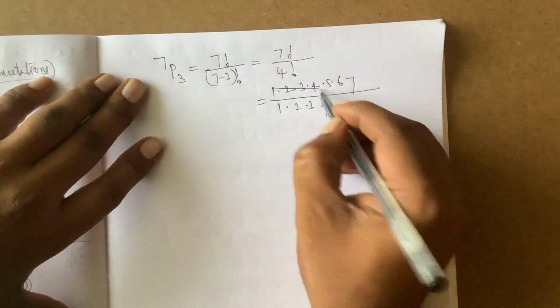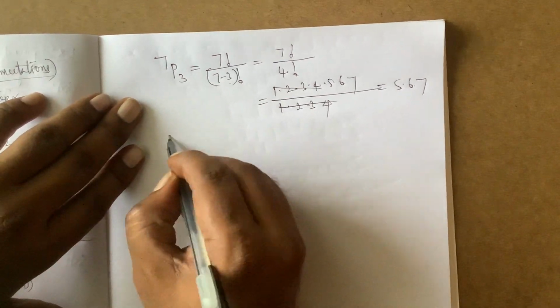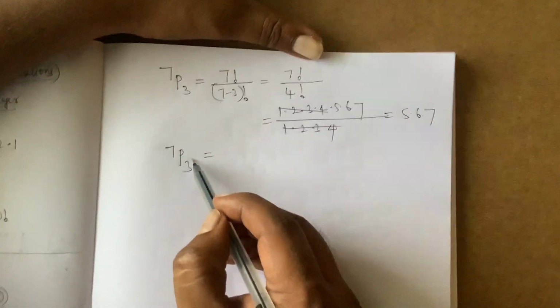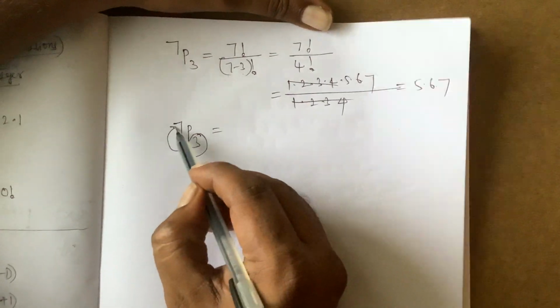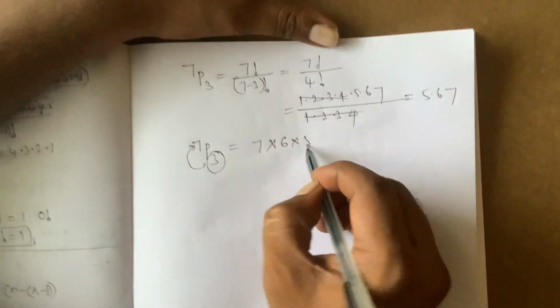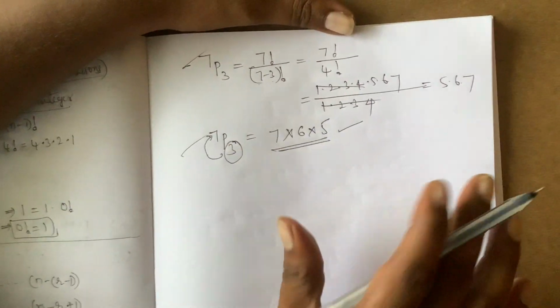These cancel, and you get 5 into 6 into 7. Otherwise, 7P3 means the total number of permutations formed by three things chosen from seven different things, given by 7 into 6 into 5. Like this you may write it directly, otherwise calculate like this.